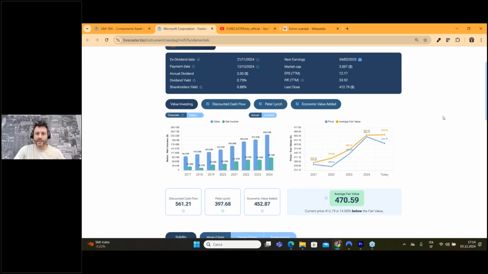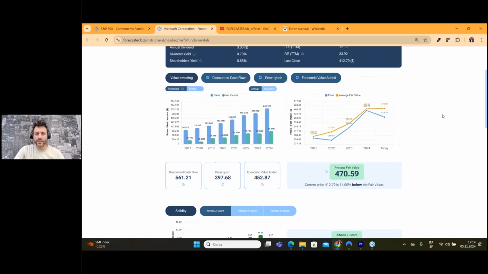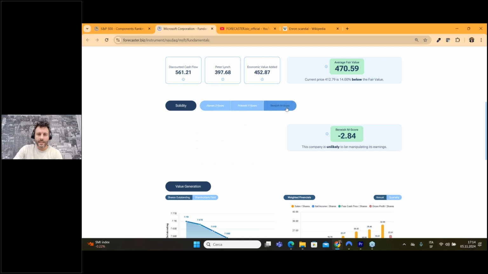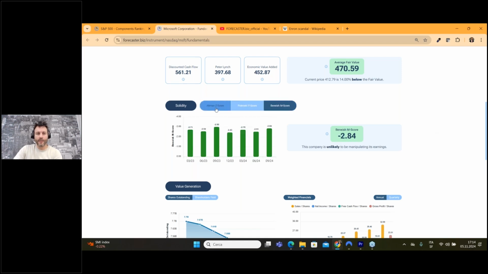Okay, if we go, for example, on the Microsoft page, of course we have this first section where we calculate the fair value, but scrolling down the page, we can also find the solidity part, where we have the Altman Z score, the Piotroski score, and the Beneish score.